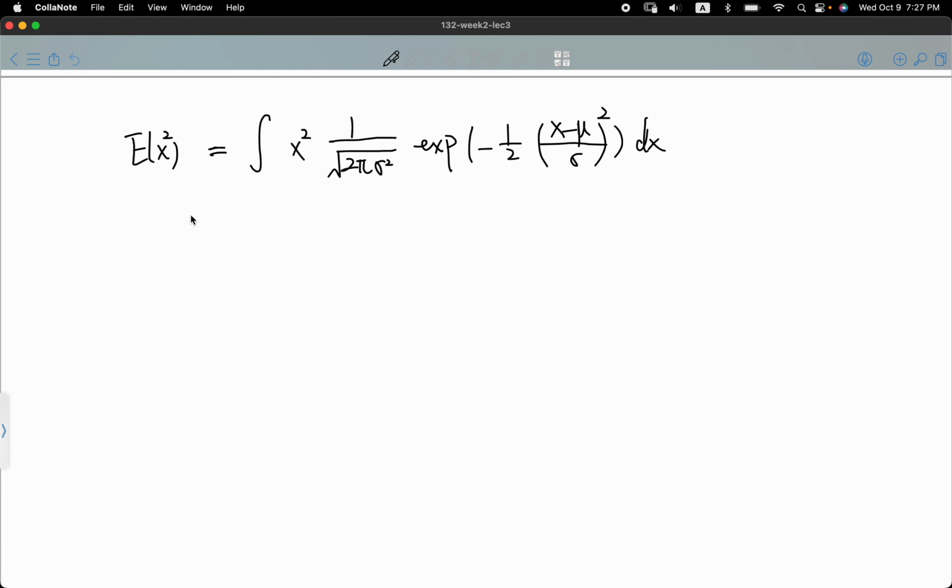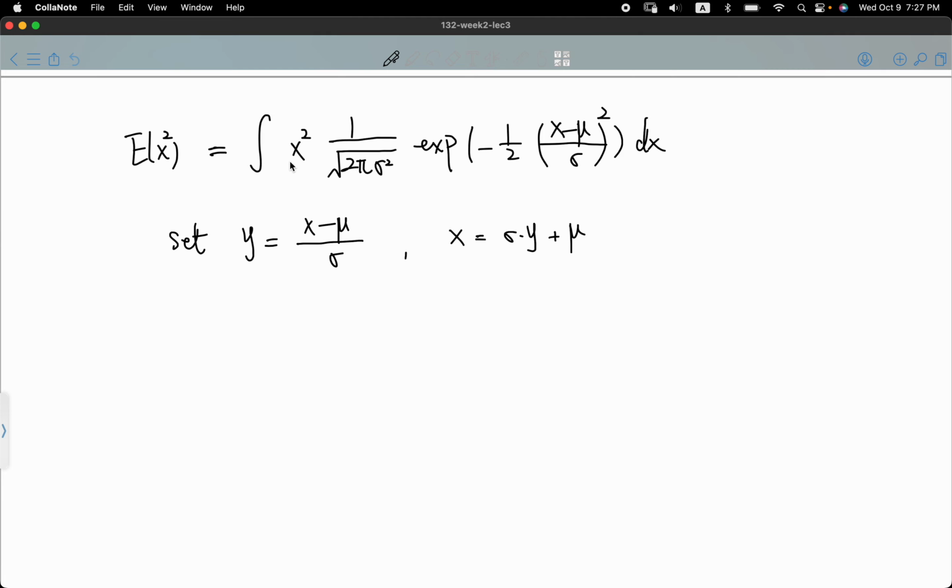Now we are also going to use the trick where we set y equal to x minus mu over sigma, so that x is equal to sigma y plus mu.